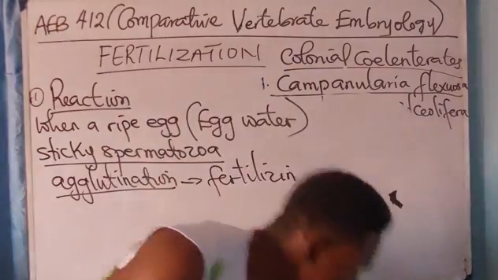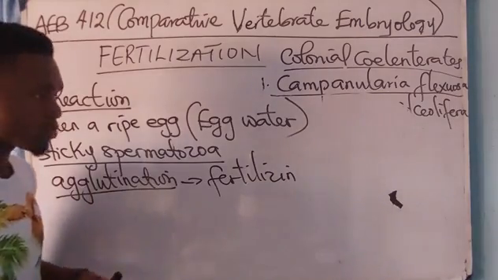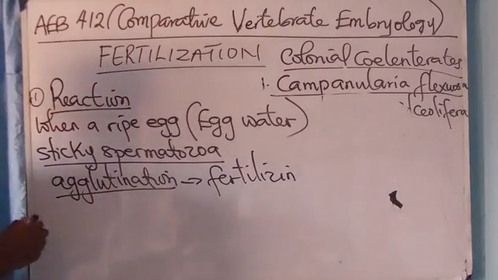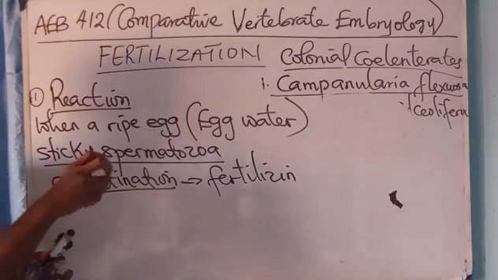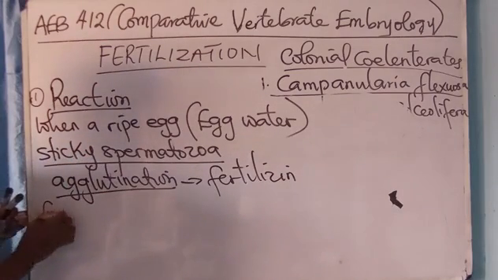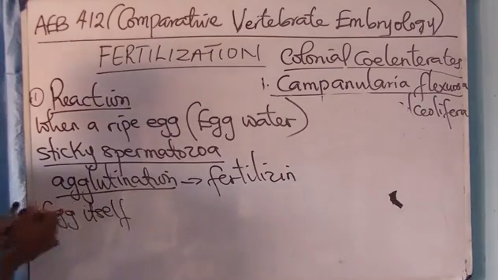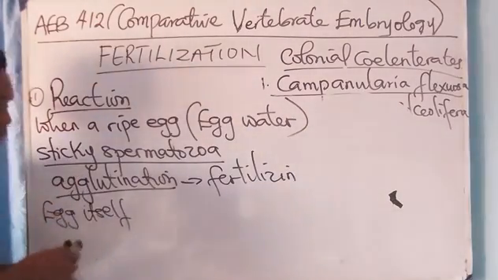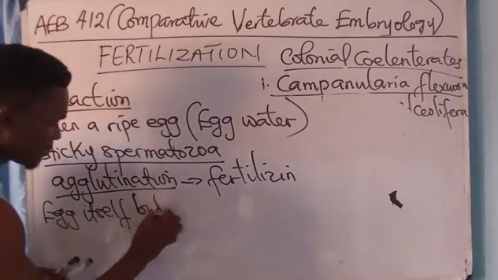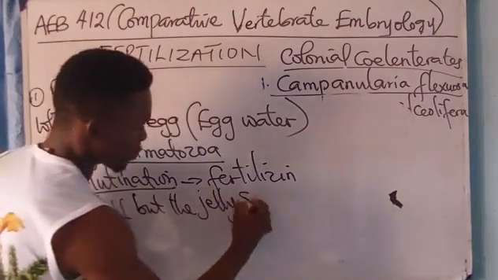What is this fertilizin? It does not have its source from the egg itself. The source of this fertilizin is not the egg itself, but the jelly surrounding the egg.